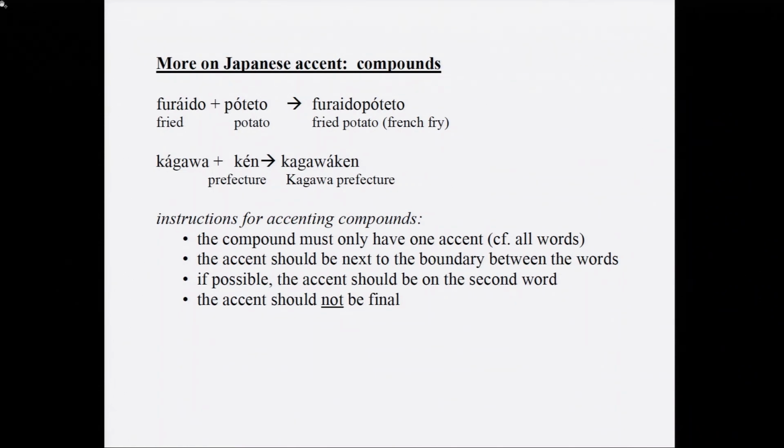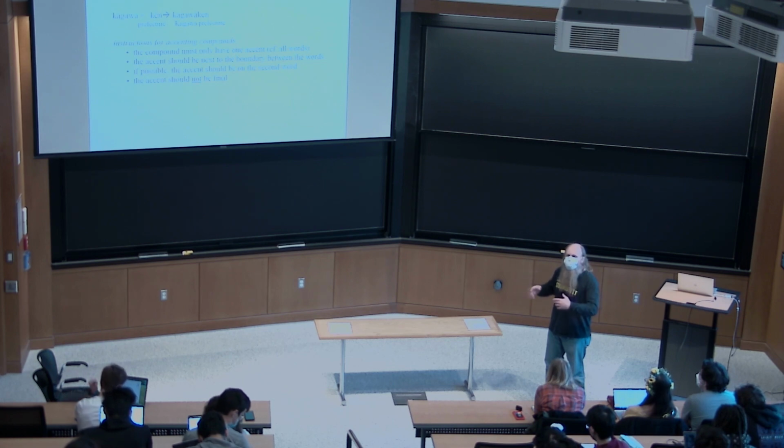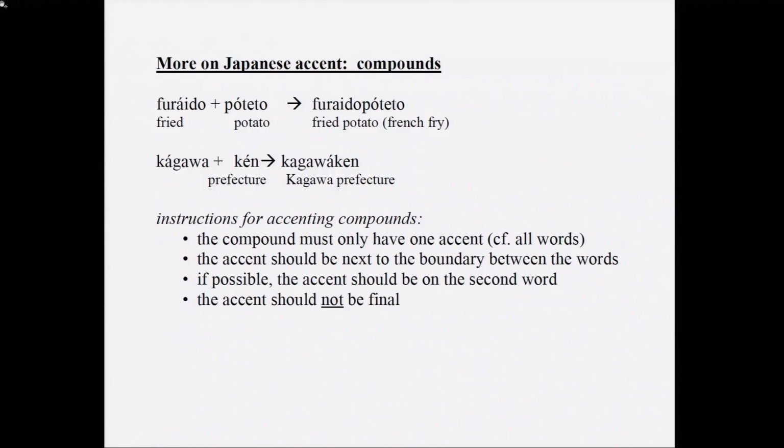But it also wants it not to be final. And if it can't have all of those things at once, like in Kagawa Prefecture, it has to decide: do I care more about it not being final, or more about it being on the second word? Japanese cares more about it not being final, so it retracts it from the second word to the end of the first word. So this is this case.